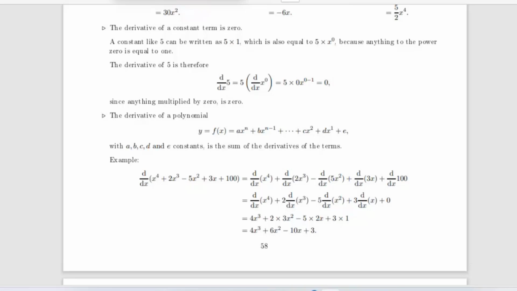Now you are making my day. From those laws of exponents, any number to the power 0 is 1. Now, this x, even if they don't write that 1, when you differentiate, you know that x is to the power 1.